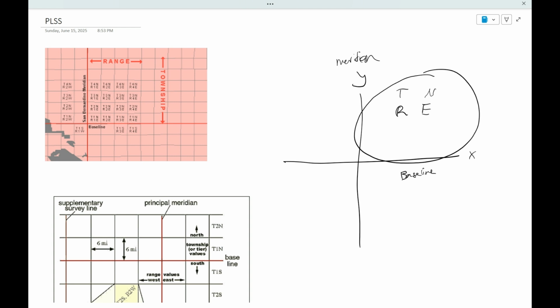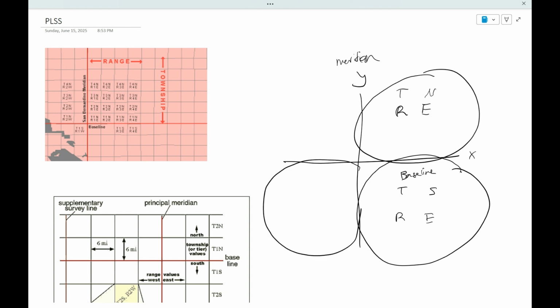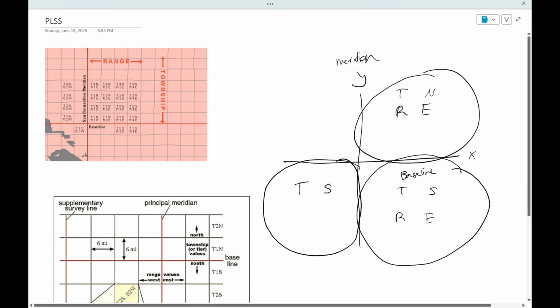When you go underneath the baseline, your township becomes south and your range stays east. When you go on this side, where both the x and y are negative, the township becomes south and the range becomes west.